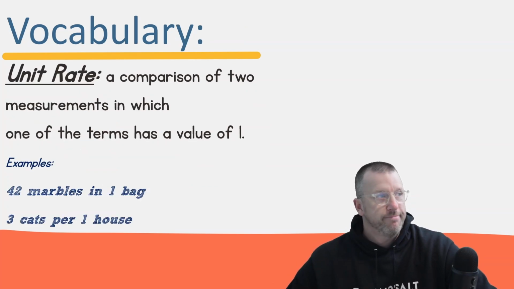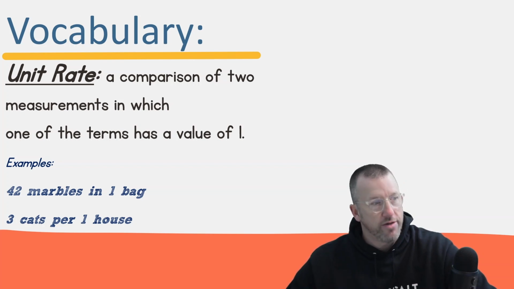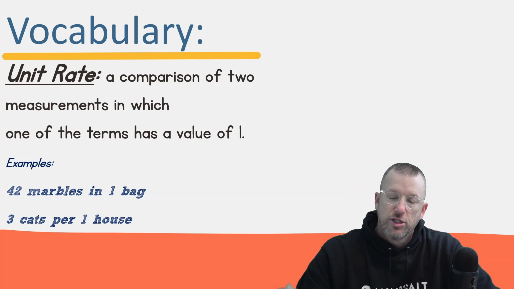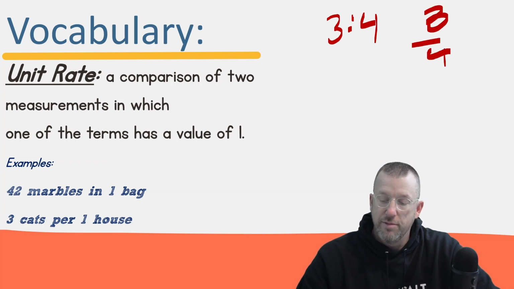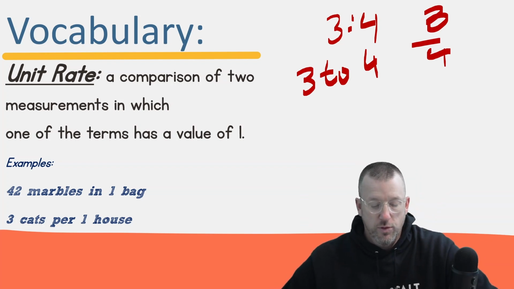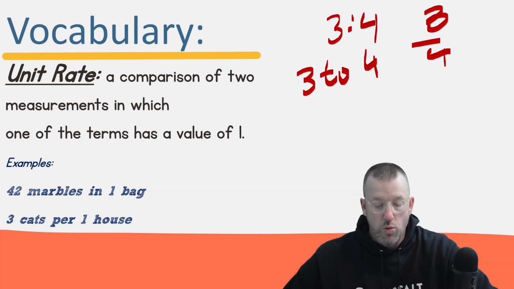Okay, so a unit rate, let's talk about that first. That's a comparison of two measurements in which one of the terms has a value of 1. So when you think of ratios, you think of the way you write them as 3 to 4. In unit rates, one of those numbers is always going to be a 1 because we're comparing these two values to 1.